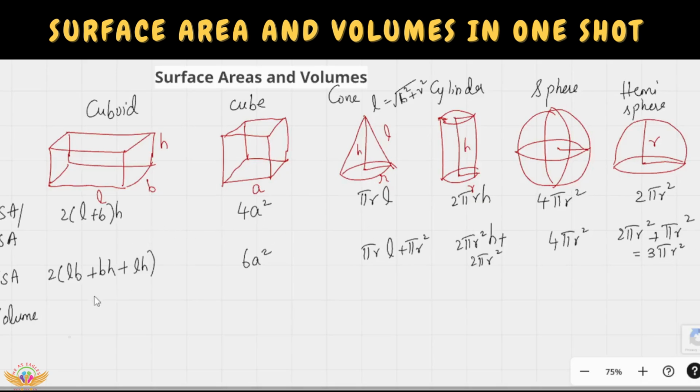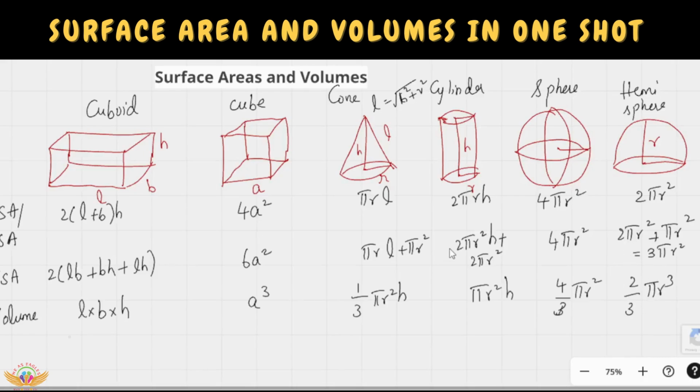Done. Coming to the volume, this is L into B into H, and for the cube it is a cubed, and for the cone it is 1 by 3 pi r square H, cylinder pi r square H, sphere 4 by 3 pi r cubed, and hemisphere it is 2 by 3 pi r cubed.